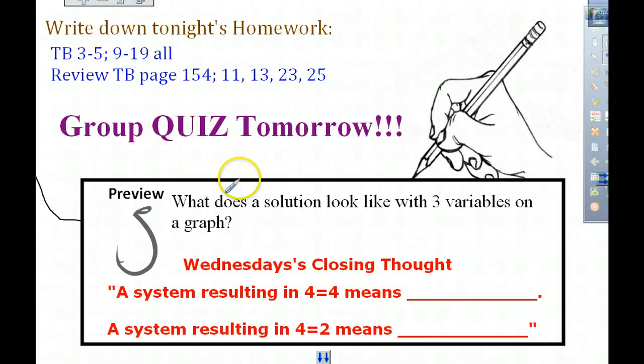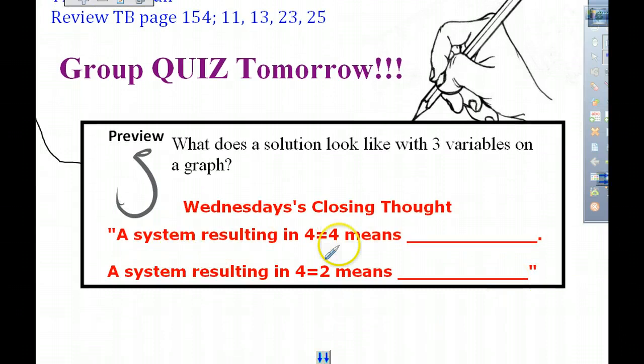Oh yeah, reminder, this quiz tomorrow. Again, just like last night, you will have some problems that have something like 4 equals 4, which is true, which means what? Infinite. Is that consistent, inconsistent, dependent, independent? Consistent.